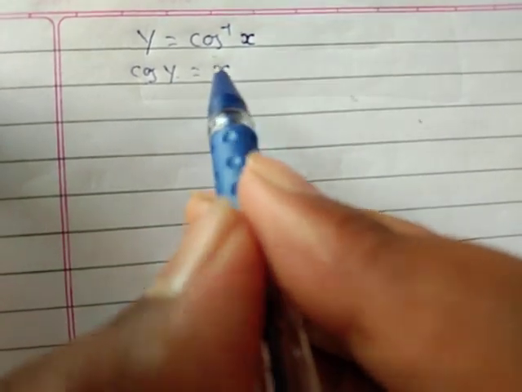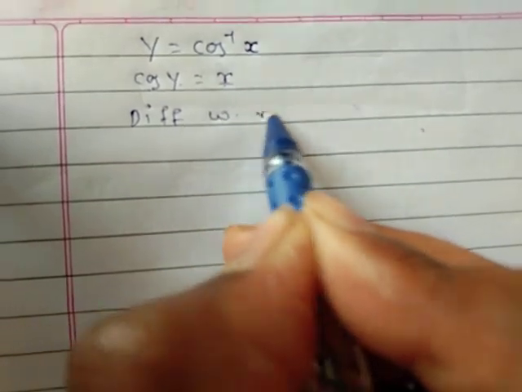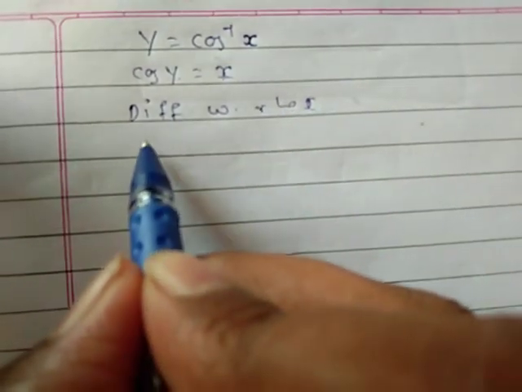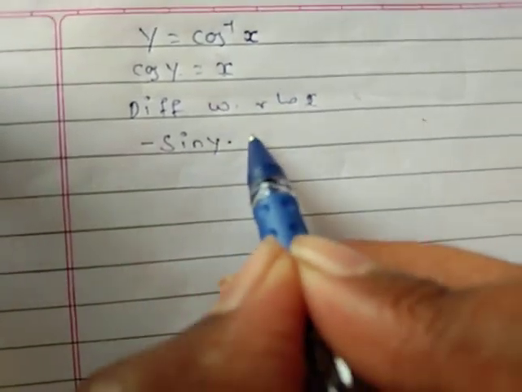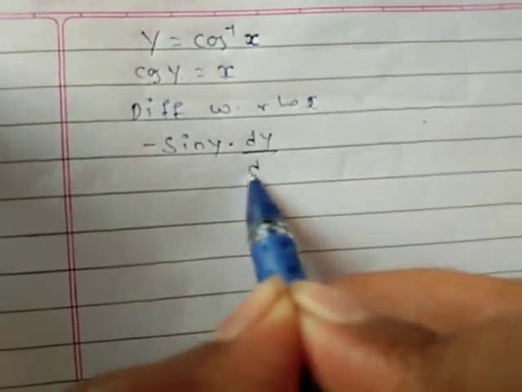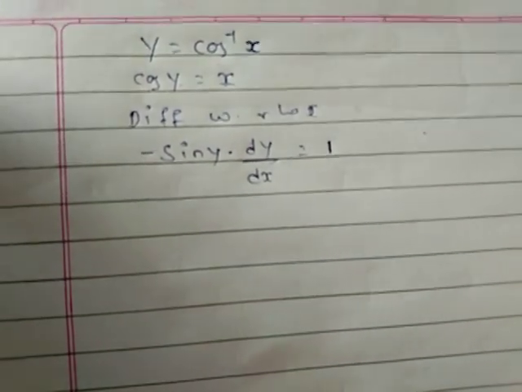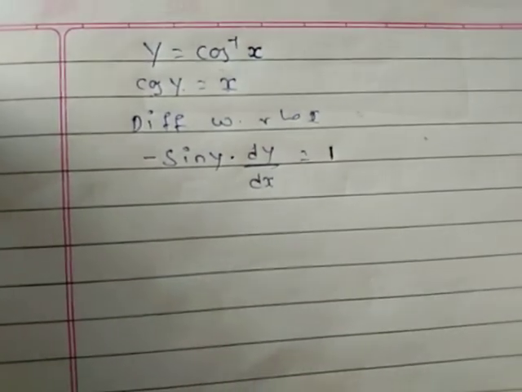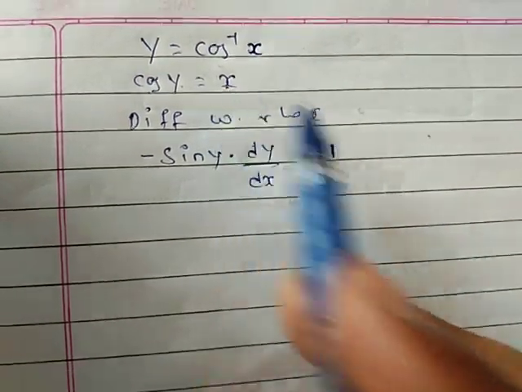Differentiation of x means 1. So, again differentiate with respect to x. Differentiation of cos y is minus sin y dy by dx, and on the RHS it is 1, because with x, dx by dx is nothing but 1.